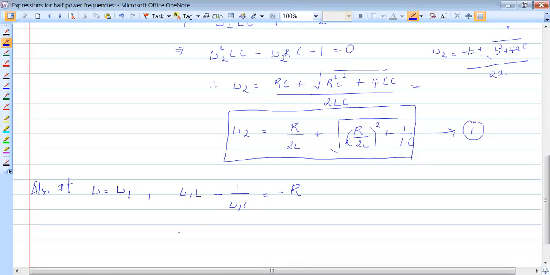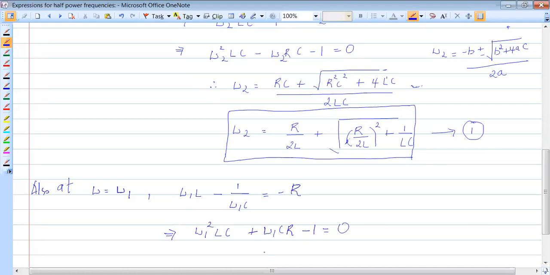Similarly, if you work it out, you will get the quadratic equation of the form omega 1 squared LC plus omega 1 CR minus 1 equal to 0.